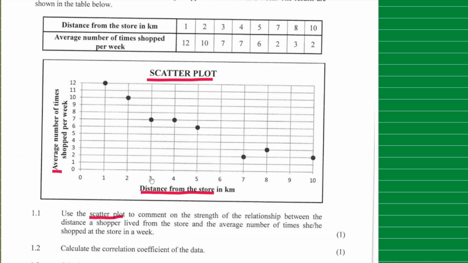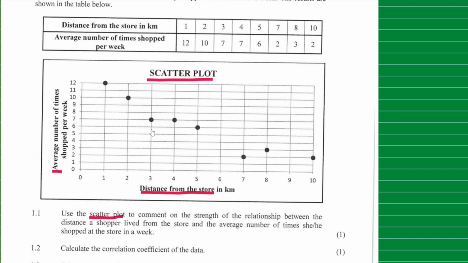If the shop is 3 kilometers away, there are 7 times. 4 kilometers, so we see some dots over here. Those dots represent the relationship between the number of times shopped and the distance from the shop. So we can represent it as a graph like that.